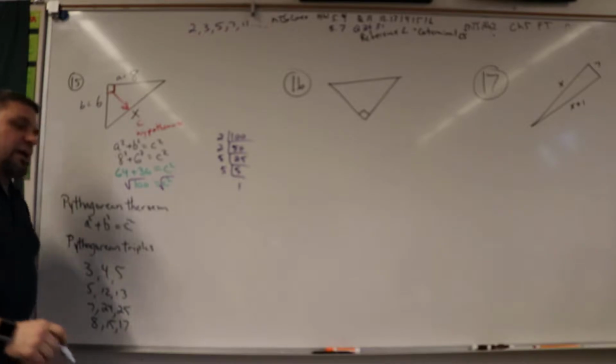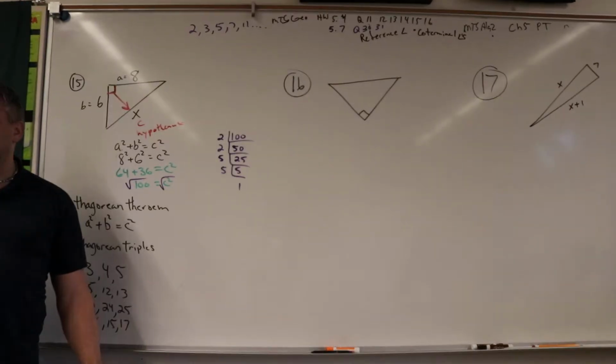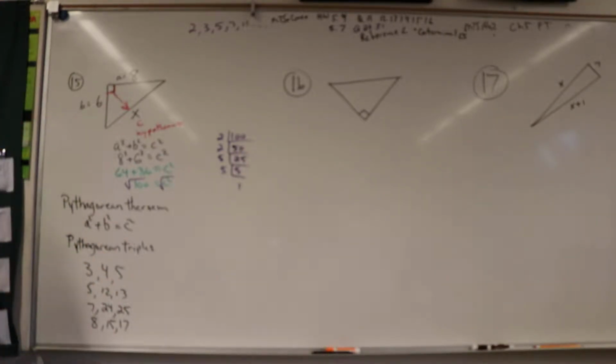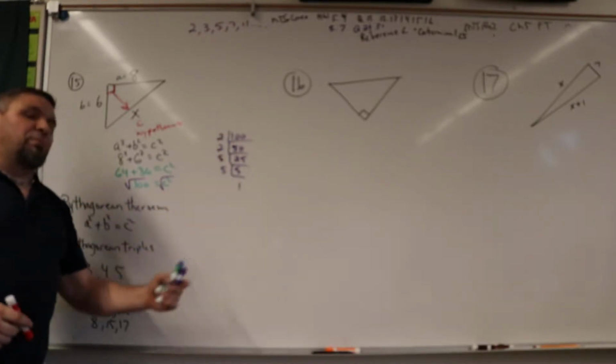What you're going to do is pick out your pairs. You remember this from last year. We're going to break down and pull pairs out of the square root. There's a little hidden 2 in there.